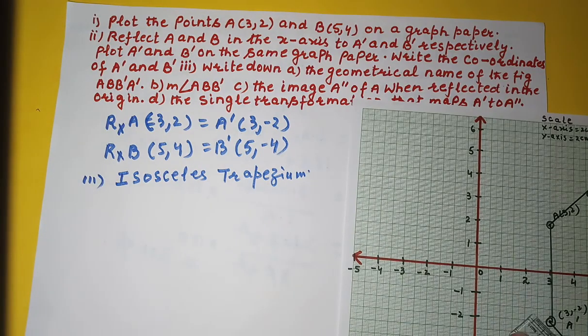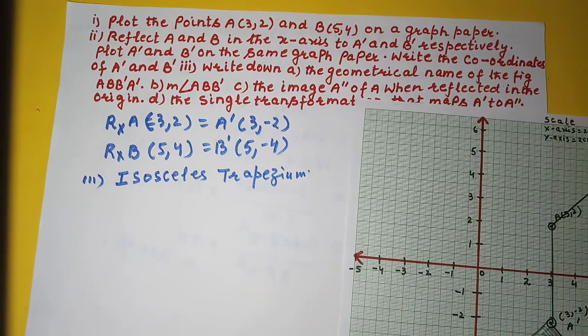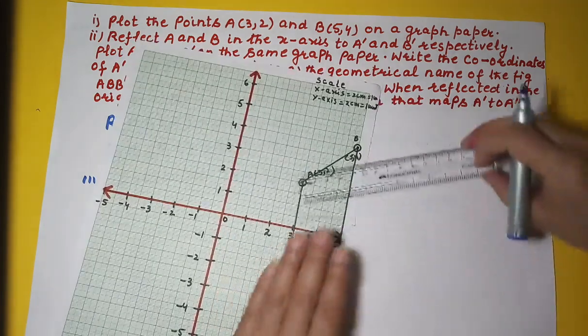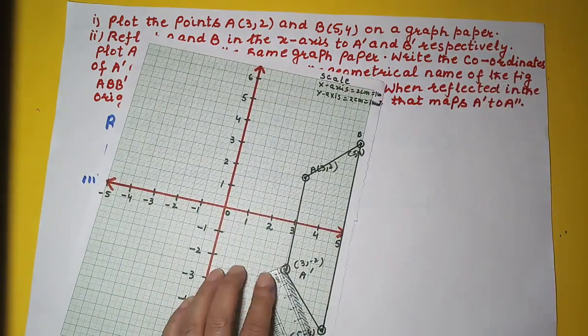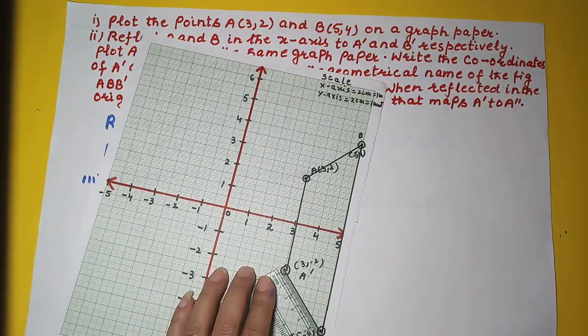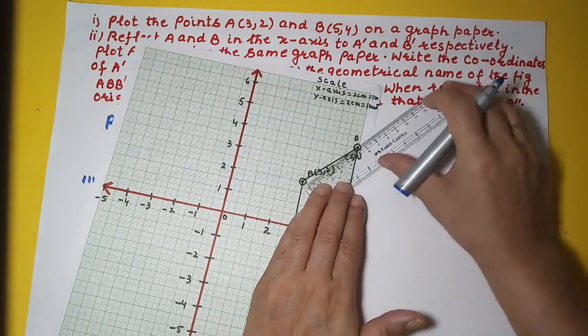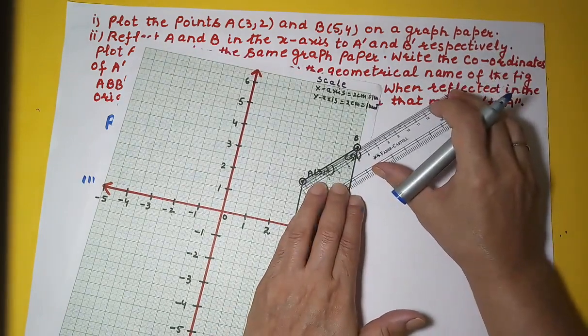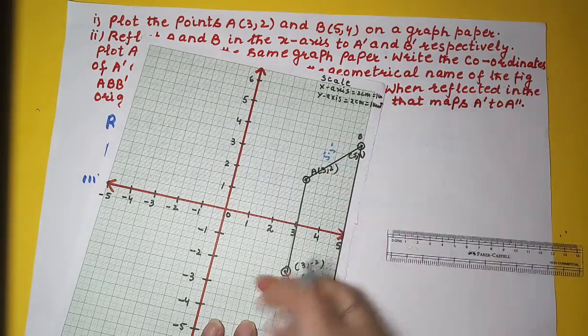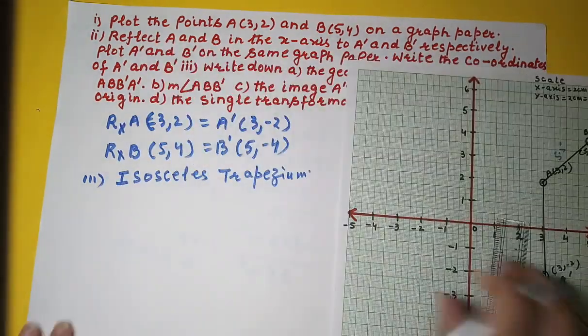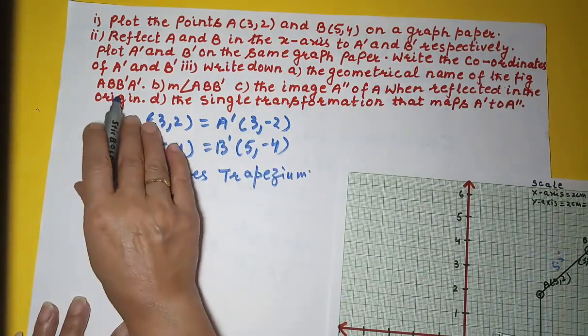Because if you look at the non-parallel sides, AA dash and BB dash, they are equal in length. Right? How much is this? This is 5.5 and this is also 5.5. So 5.5 and 5.5, that's why this is an isosceles trapezium. Okay, we have named this.